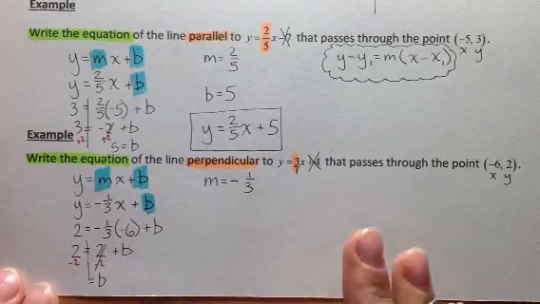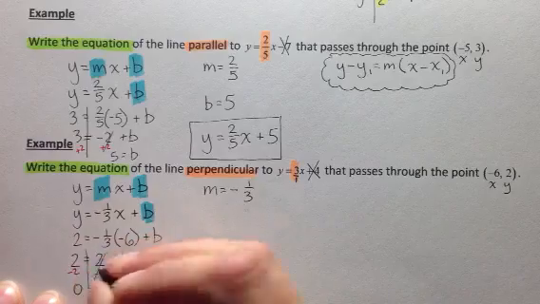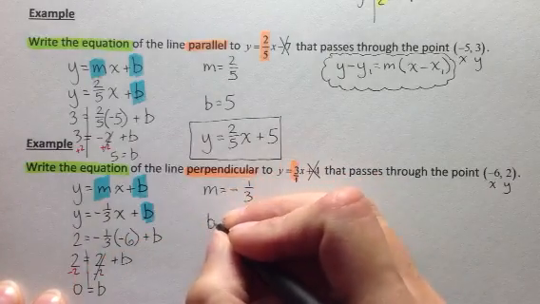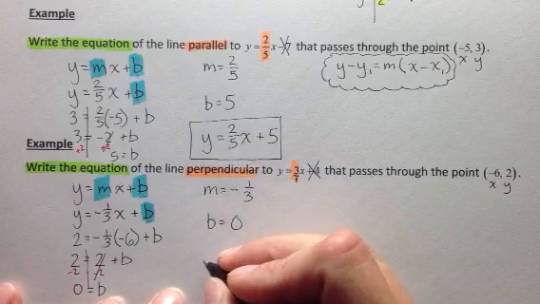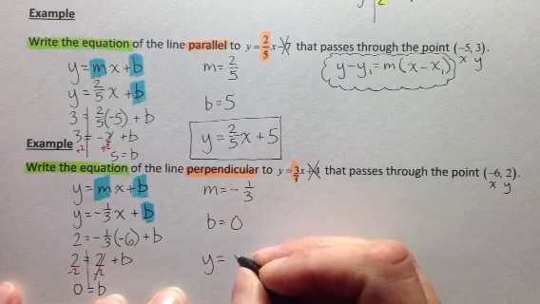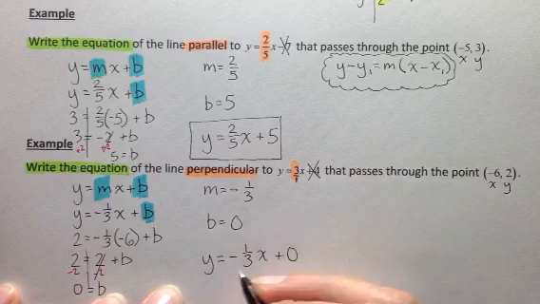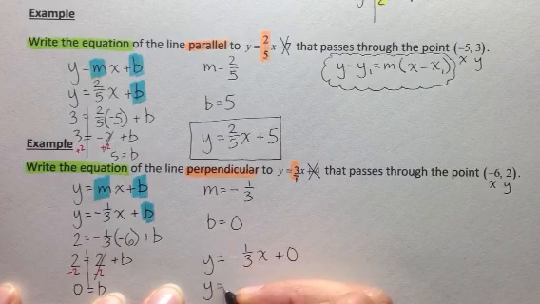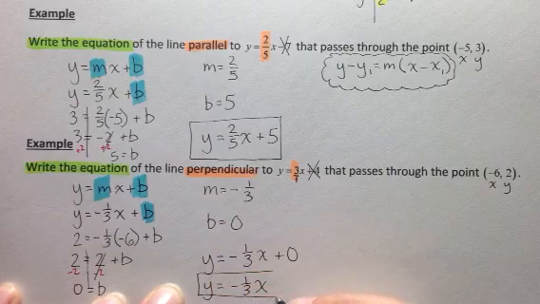Didn't realize you couldn't see that, b equals 2 minus 2 is 0. Okay, so my slope was -1/3, my y-intercept was 0, and I can write the equation y equals -1/3 x plus 0, which is just y equals -1/3 x. I don't need to write the 0.